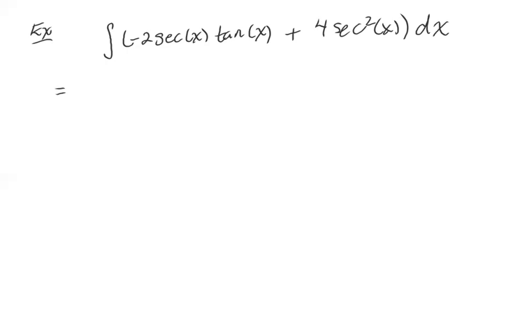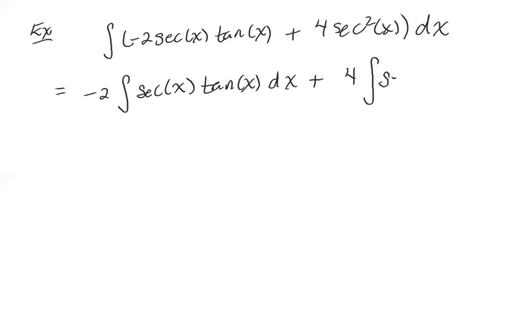This is equal to negative 2 times the integral of secant x tangent of x dx plus that constant 4 I can move out front of the integral symbol, 4 times the antiderivative of secant squared x dx. Okay.